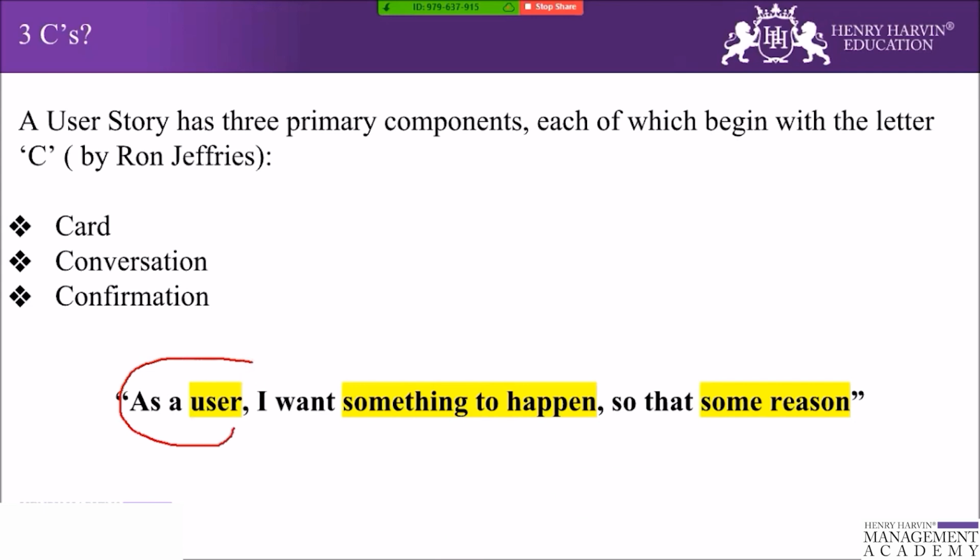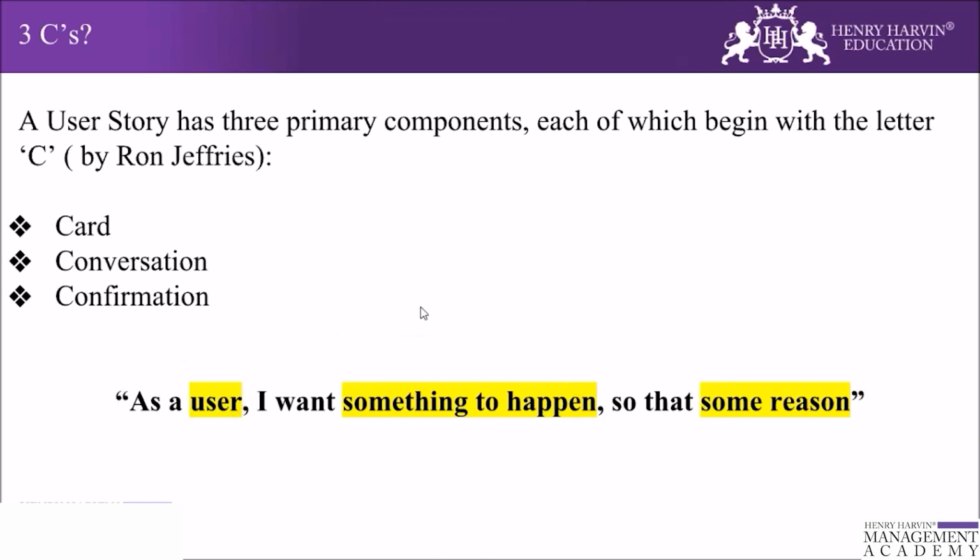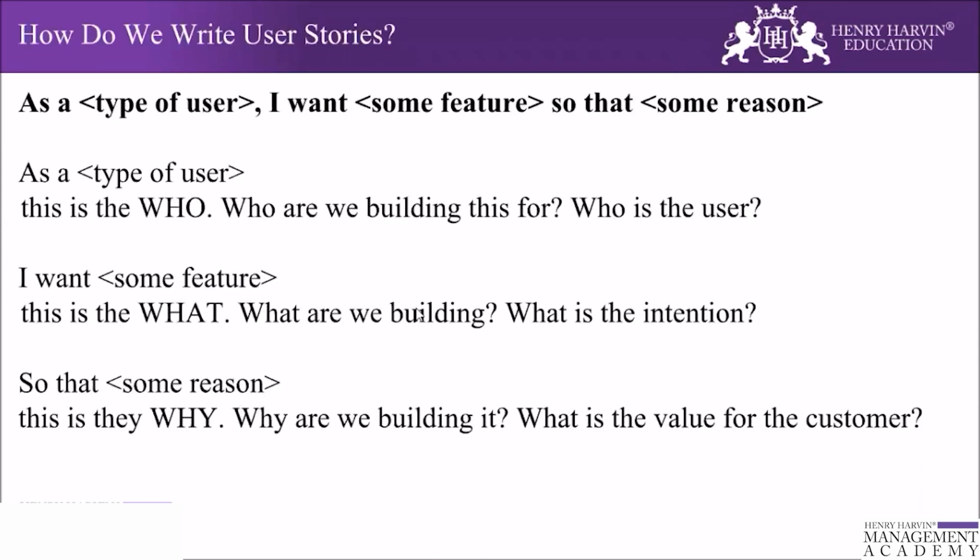What you say is: as a user, I want something to happen so that there is some reason. So it is divided into three parts. Before we cover the card, conversation, and confirmation, let's quickly see what it means. As a type of user, what kind of user you are, you want to implement some features for some reason.